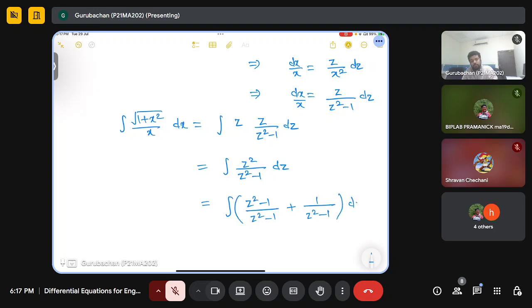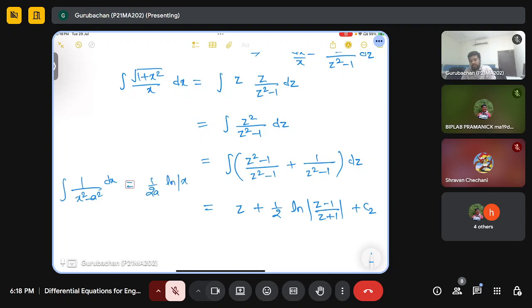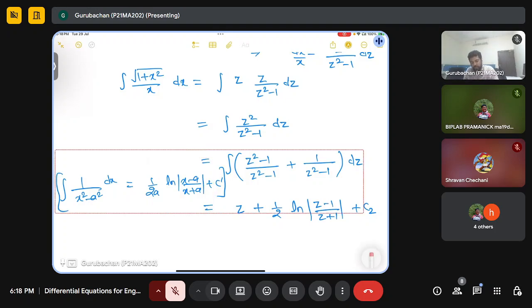So this will give you z plus 1 by 2 ln of z minus 1 divided by z plus 1 plus some c2. So why this one? I'm just writing the integral of dx by x square minus a square, which is equal to 1 by 2a ln of x minus a divided by x plus a plus some c dash. So I'm applying this one. So what is the value of z?